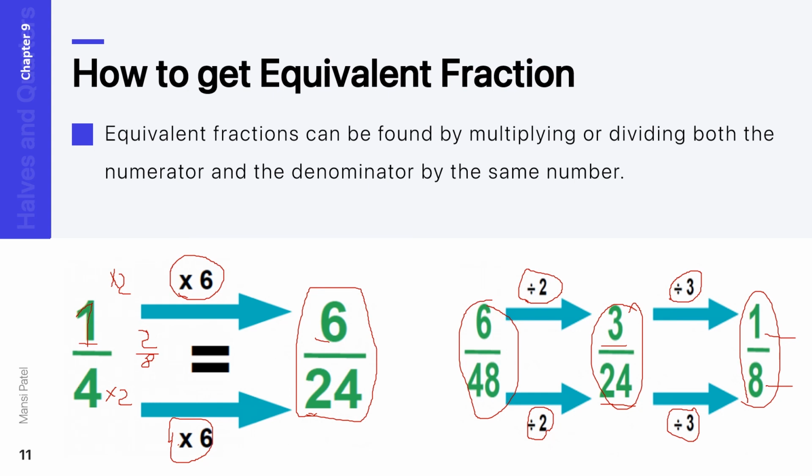But if the denominator were 49, then we cannot divide 49 by 2. So in this type of case, we do not get our equivalent fraction. So whatever you are doing, either multiply or divide, it should be the same number for both. If you are multiplying, multiply both by the same number. And if you are dividing, then both numbers should be divided by that number.